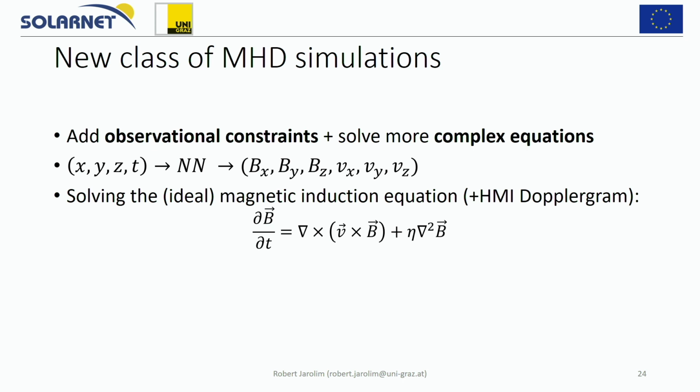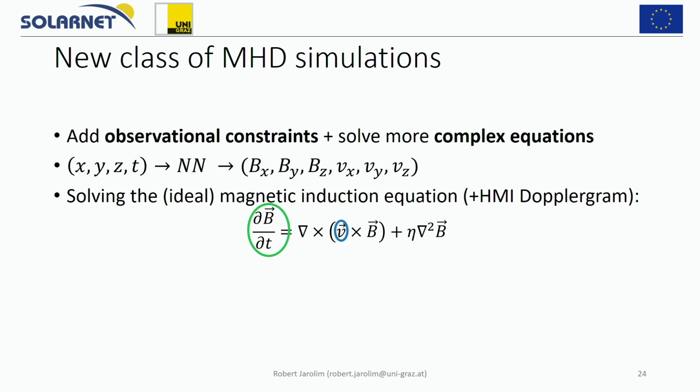So here we also consider the time as an input, and then we perform a mapping from the spatial coordinates plus the time through our neural network, and what we obtain is the magnetic field vector and the velocity field. The idea here is to solve the magnetic induction equation, where we have this time dependence of the magnetic field.